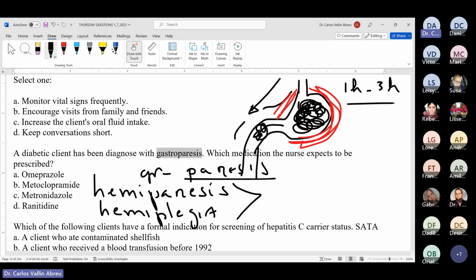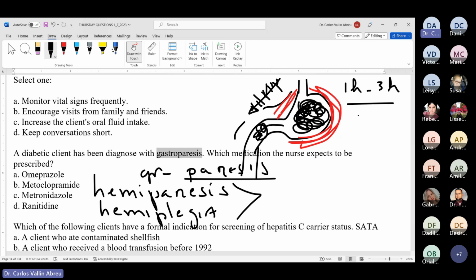Okay, this gastric emptying usually occurs between 1 to 3 hours after eating. But sometimes there is disease of the vagus nerve, disease of the parasympathetic nervous system, autonomic problems. And for that reason, the stomach becomes lazy and doesn't empty.